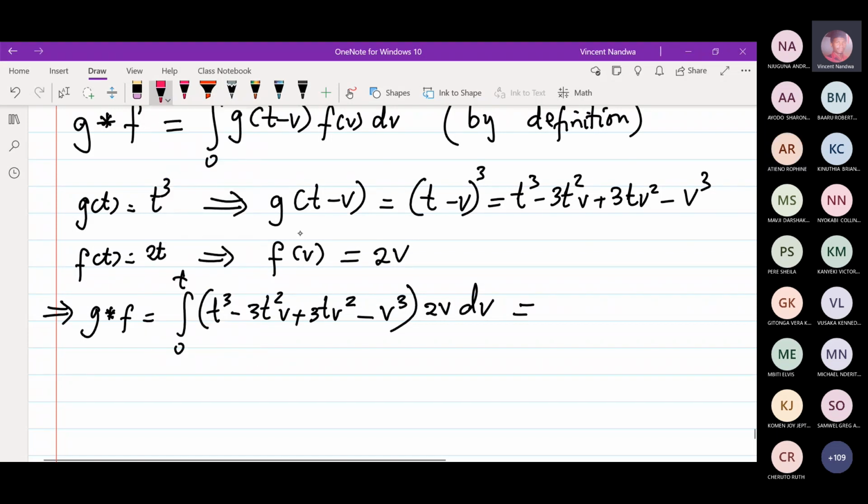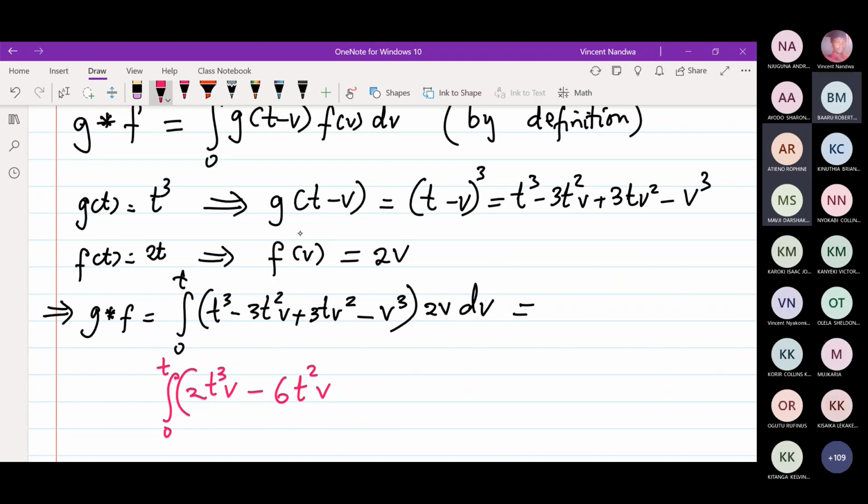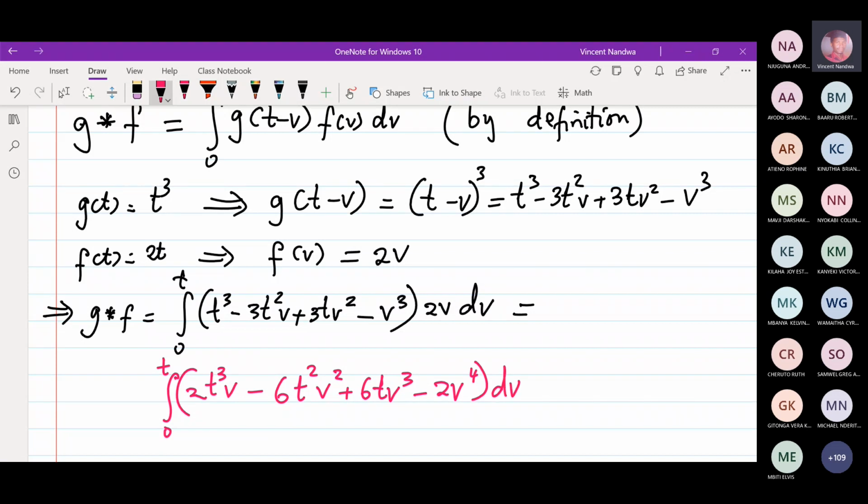The next step will be the integral from 0 to T of 2T cubed V minus 6T squared V squared plus 6T V cubed minus 2V to the power 4, dV, after opening the brackets.